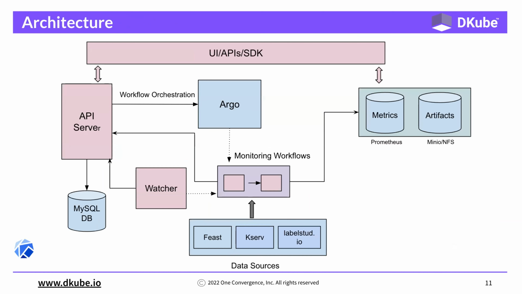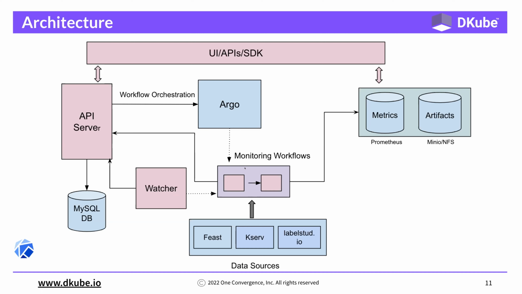And then it uses a MySQL database for storing your configuration. And then it talks to Argo based on your configuration, and launches the workflows. You need a watcher to monitor how the workflows are running, if they're successful or not. So you may want to reflect the events on the UI, so they get notified.